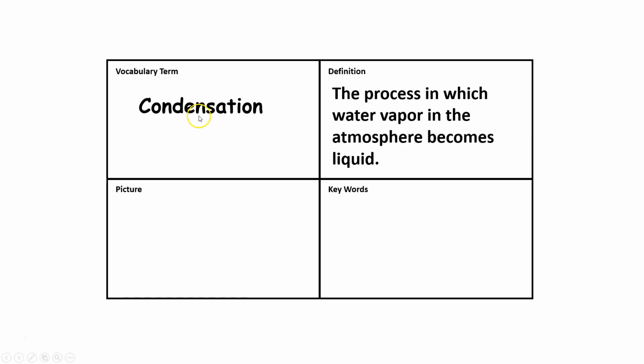So if I'm looking at condensation, the process in which water vapor in the atmosphere becomes liquid. Well, I'm assuming this is probably in a list where I also have evaporation and precipitation. So I'm really not as interested in the process in which. I think the most important words I need to know is water vapor becomes liquid.